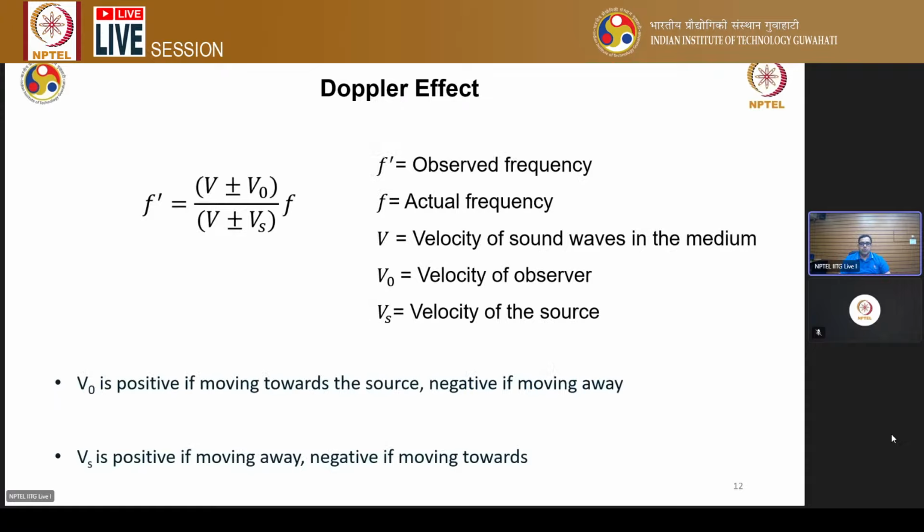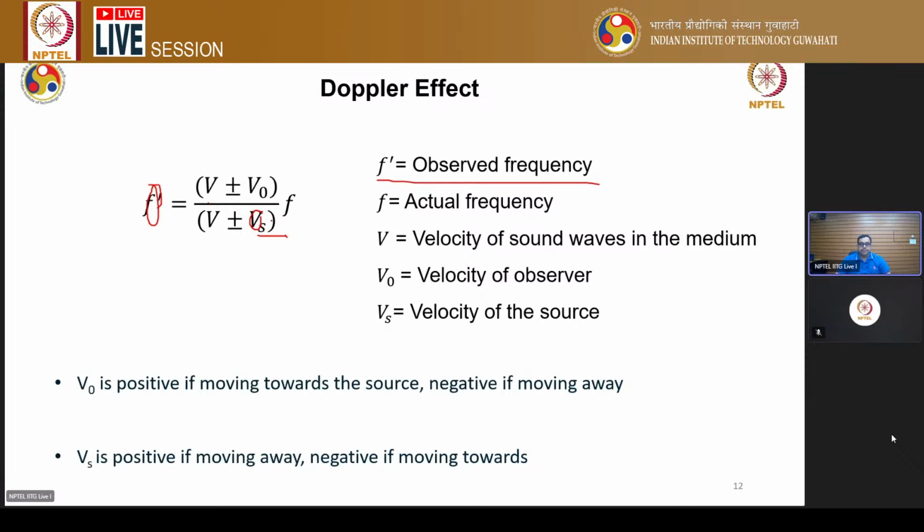In this equation, let me take the pen. This frequency F bar is the observed frequency at the sensor. V, V naught and Vs are the velocity of the sound wave in the medium, the velocity of the observer, and the source velocity.